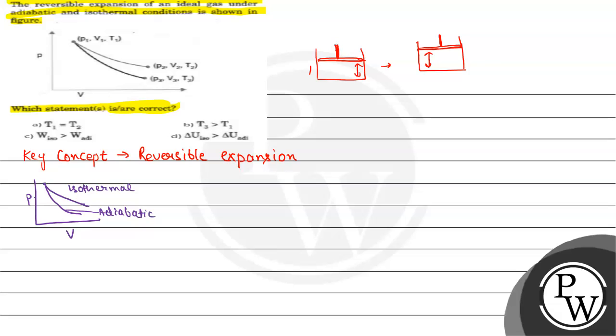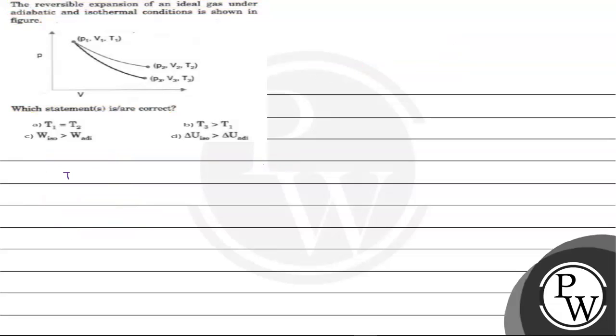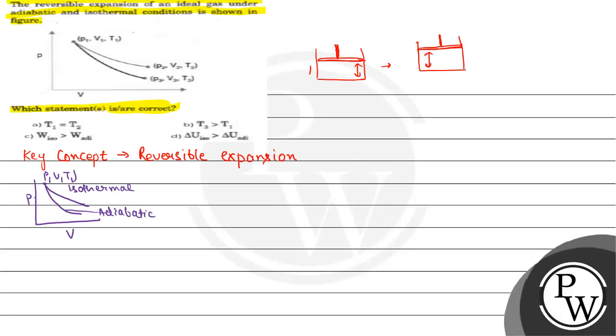And here the pressure is P1, volume is V1 and temperature is T1. Here it is P2, V2 and T2, and at this point the pressure is P3, volume V3 and temperature T3.